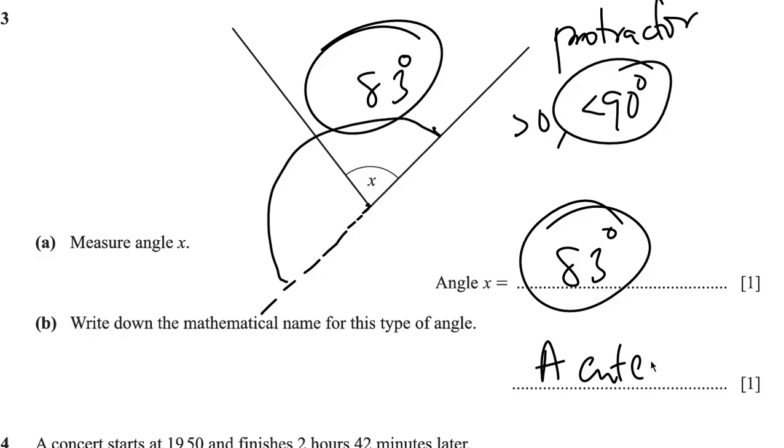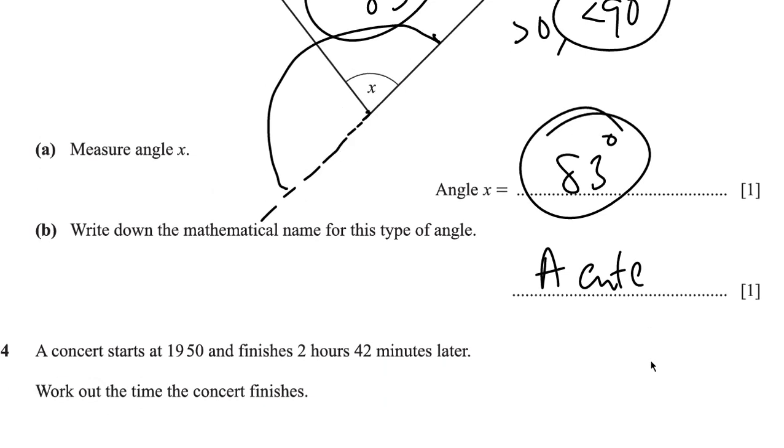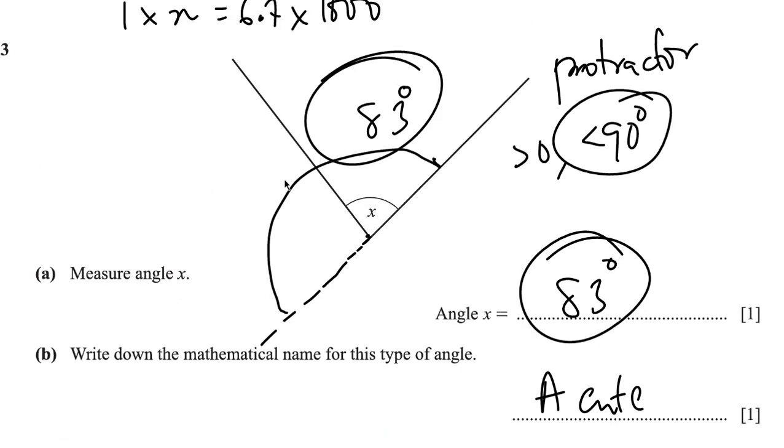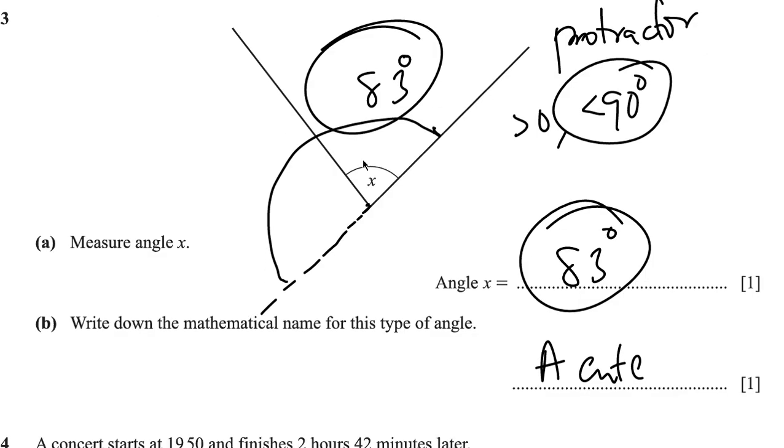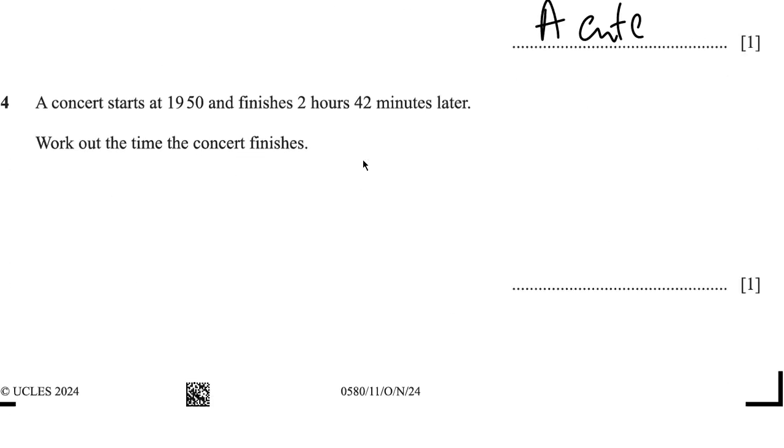If it's less than 360, greater than 180, that's a reflex angle, right? So just place the protractor over this line and then measure the angle, and then you're expected to get 83, and that's acute.